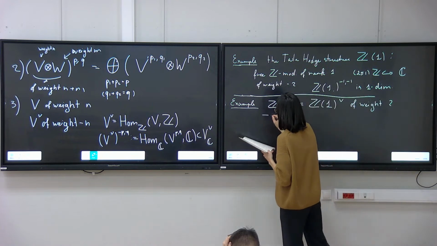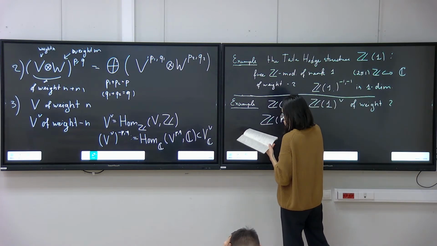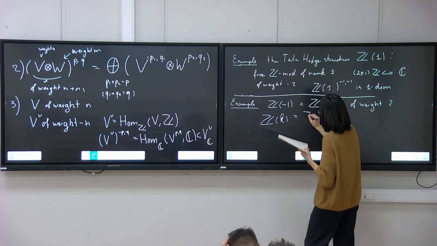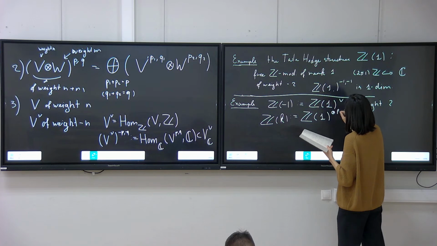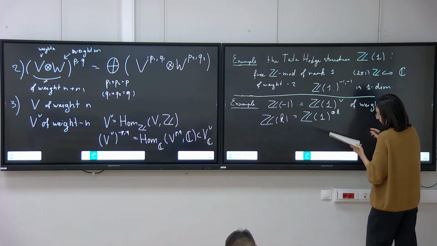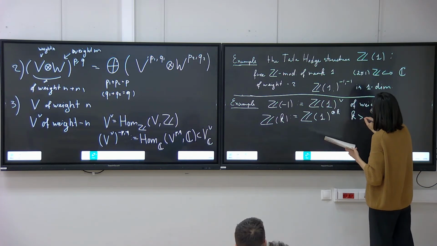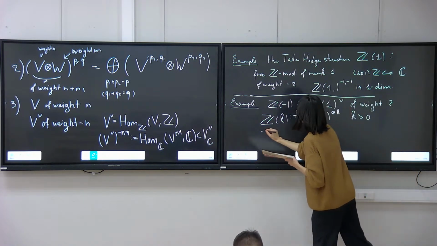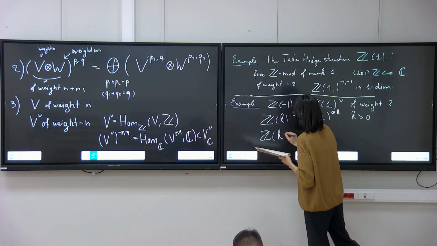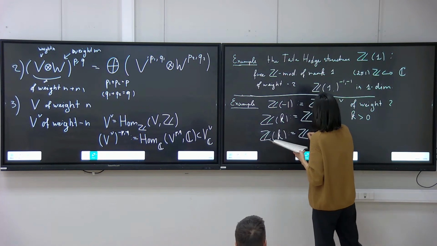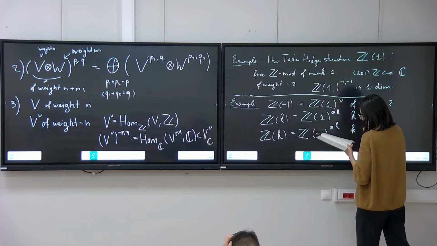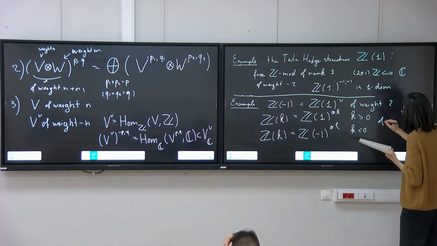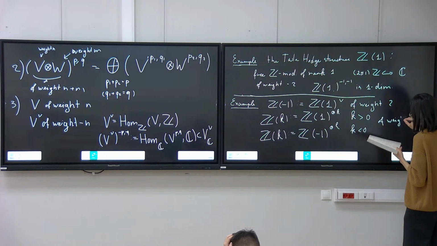And similarly, twisting by k is just the tensor product of Z(1) for k positive and Z(-1) for k negative, and this is always of weight -2k.